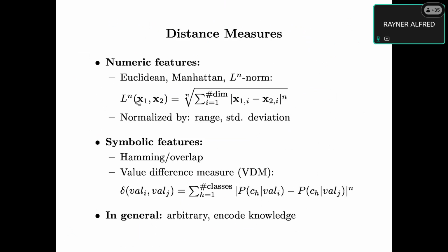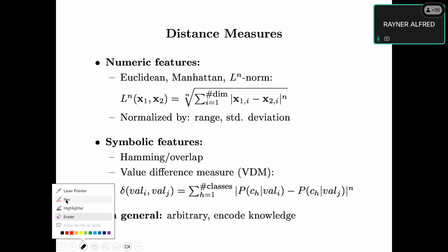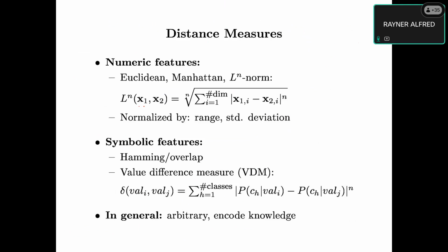So how do we measure the distance between two samples? We can use the Euclidean distance or the Manhattan distance. The formula here is defined by this vector. We have two vectors, x1 and x2.